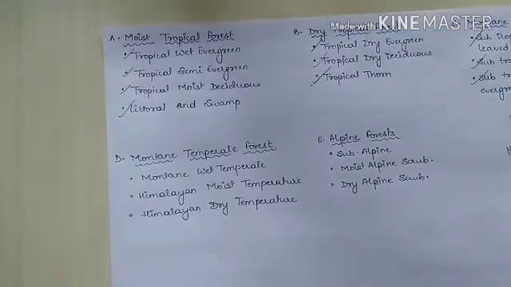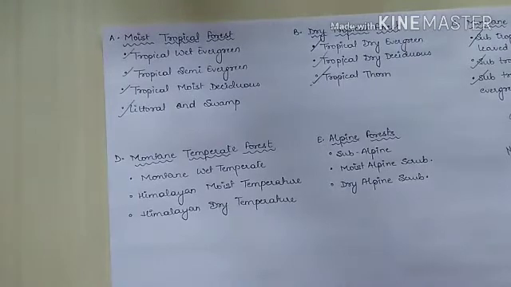In montane wet temperate we have a variety of growth at a height of 1800 to 3000 meters above sea level, and annual rainfall is 150 to 300 centimeters. The temperature ranges from 11 to 14 degrees Celsius. Average humidity is over 80%.